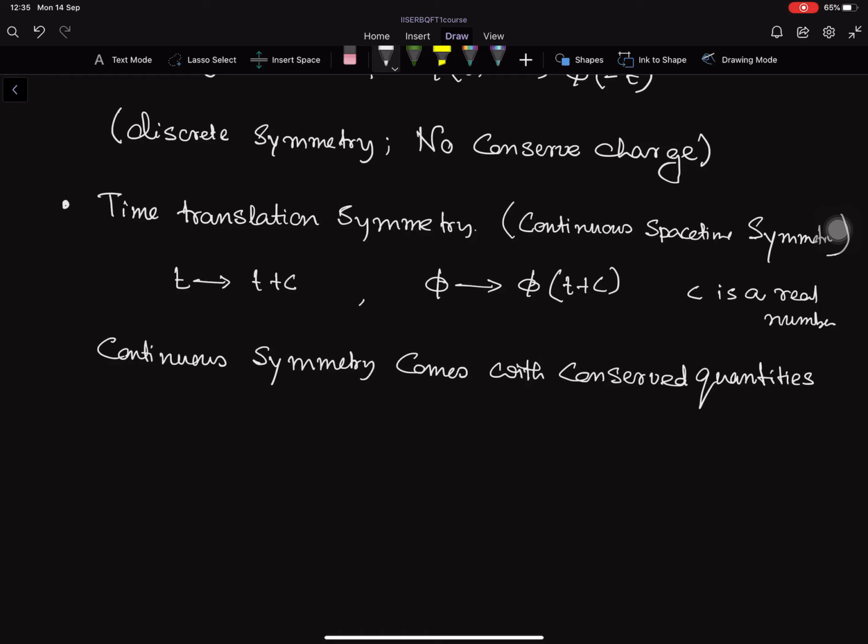You can compute it, and the corresponding conserved quantity is this, which is nothing but the Hamiltonian.